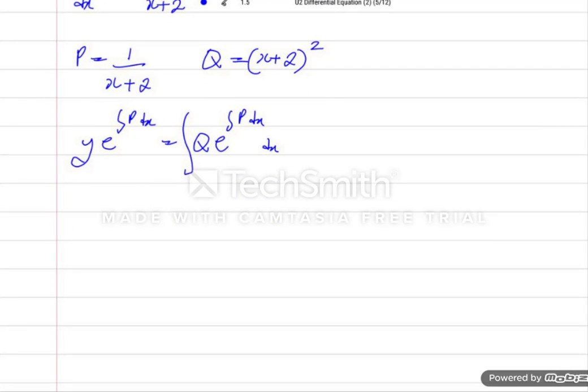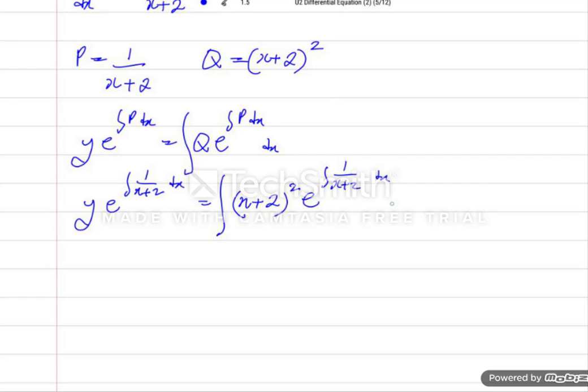Putting in p and q, we have y times e to the integral of 1 over x plus 2 dx, and this is equal to the integral of q, which is x plus 2 squared, times e to the integral of 1 over x plus 2 dx. We're good so far? This becomes y e to the ln x plus 2. Do you agree?